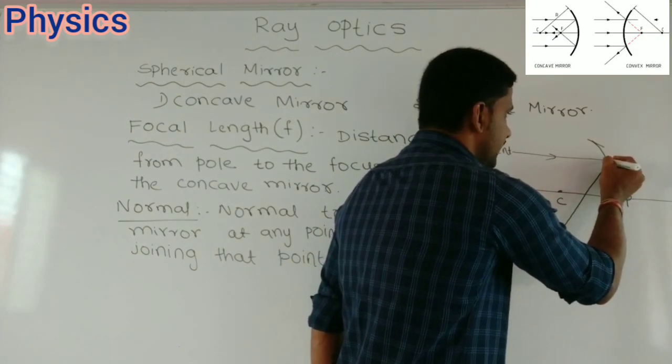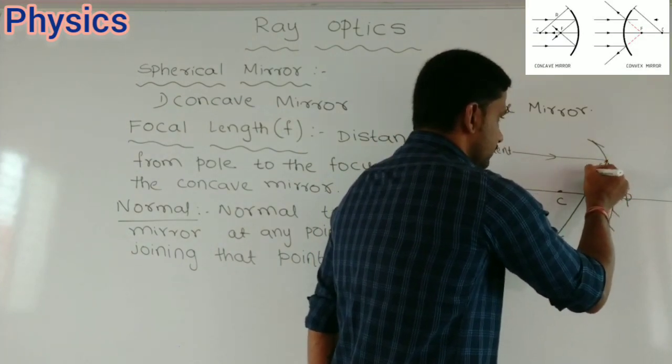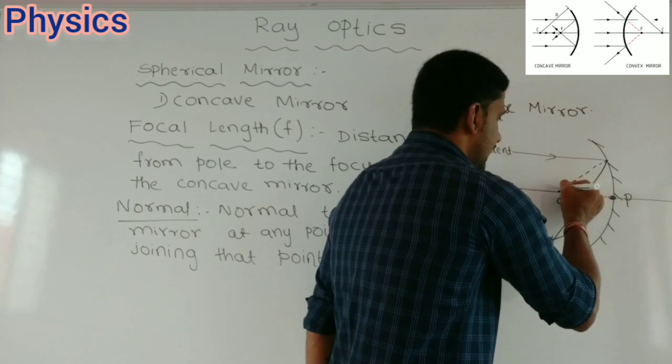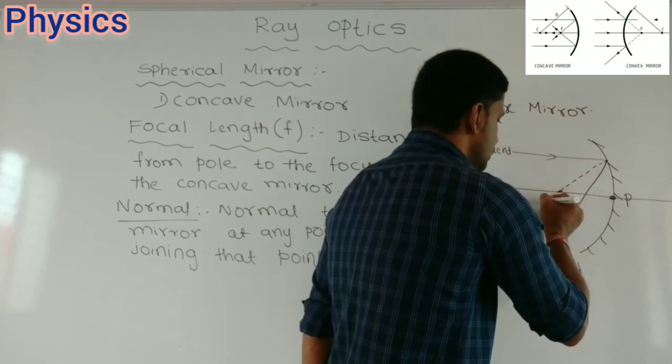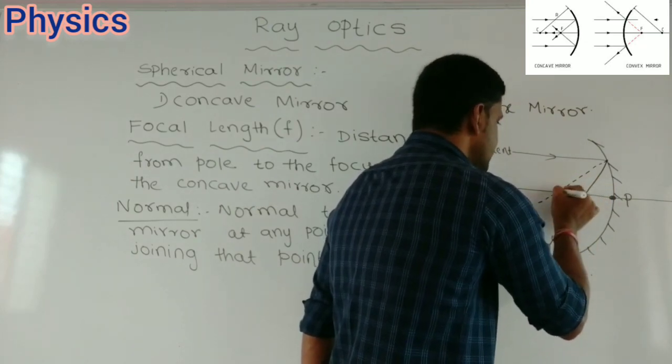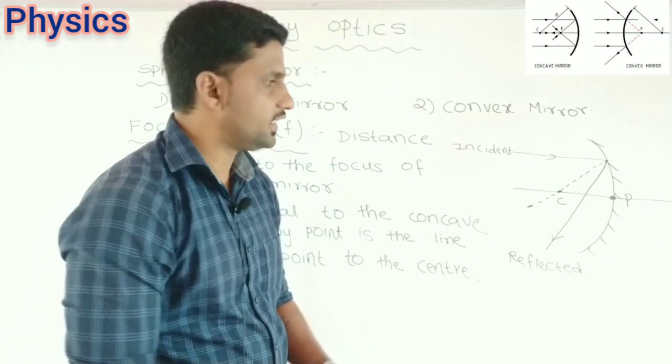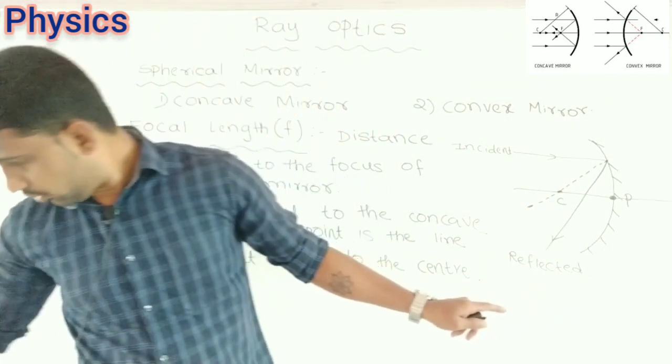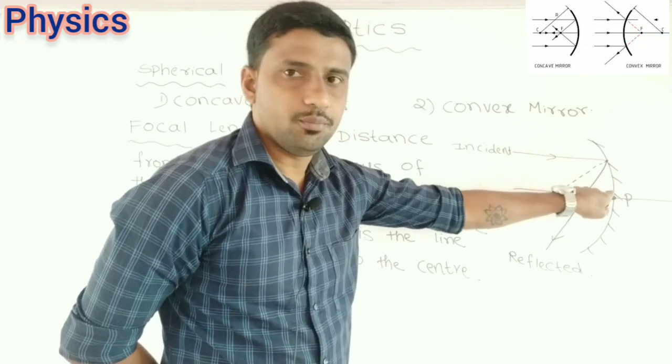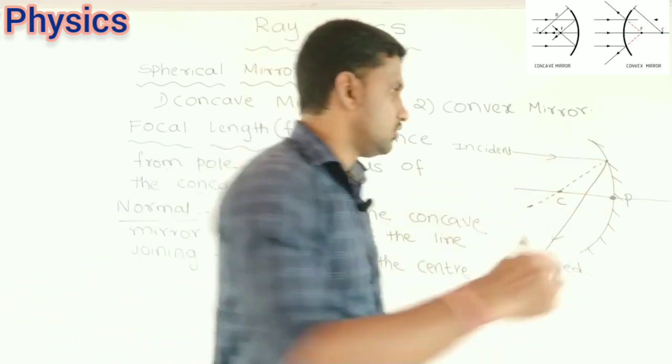From that point we have to draw a line like this, and that line should pass through the center of the concave mirror. Then it is called a normal.